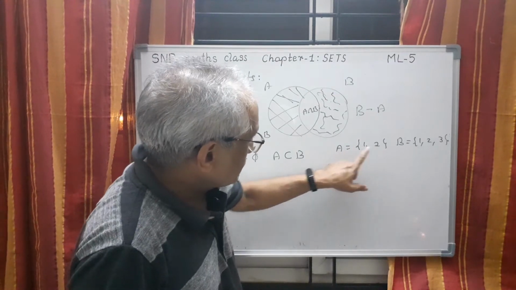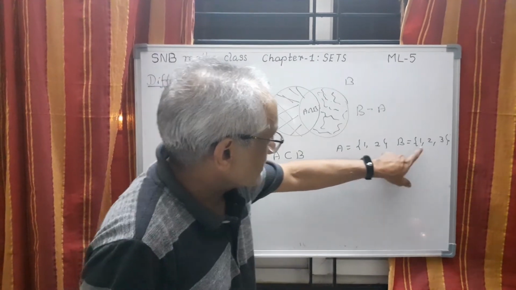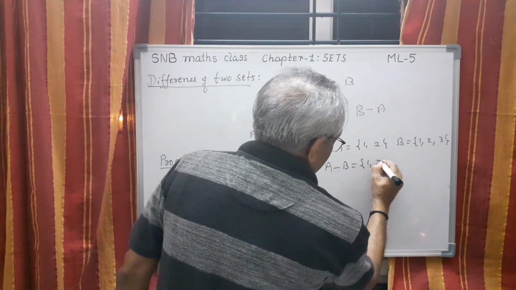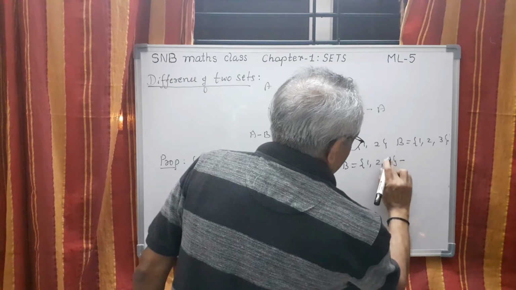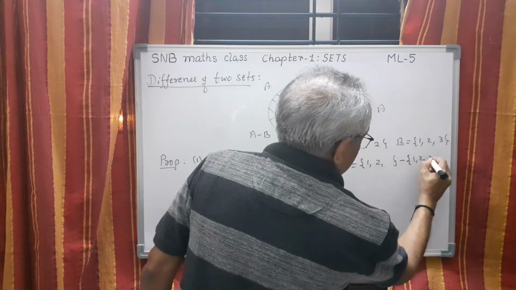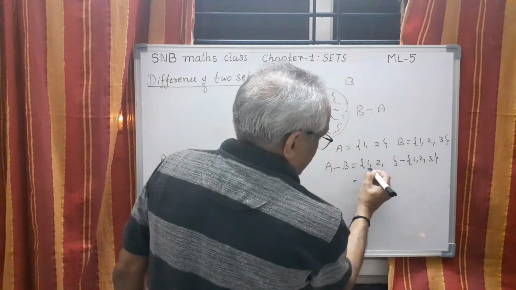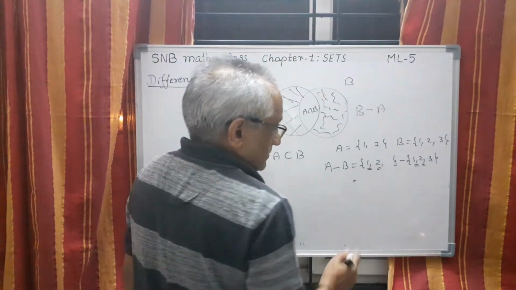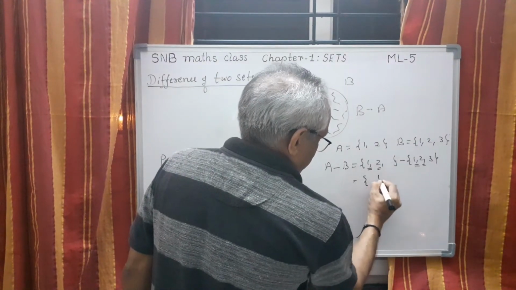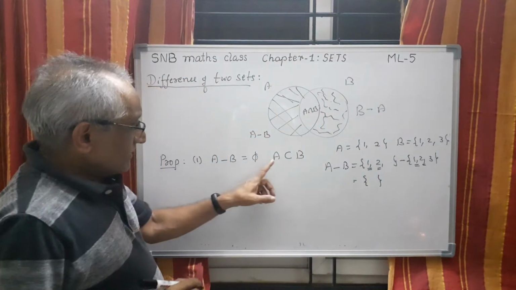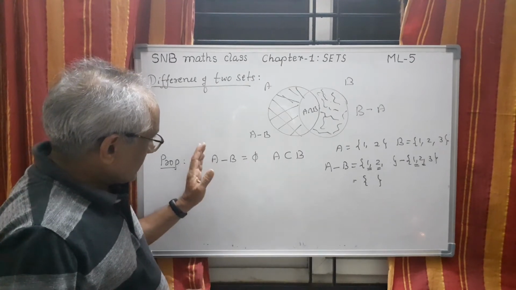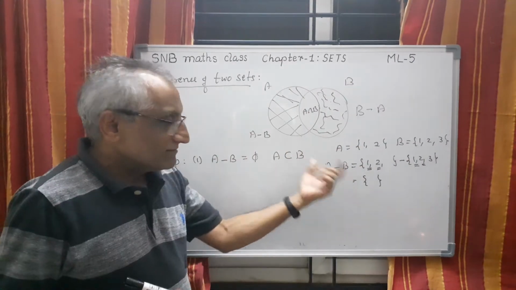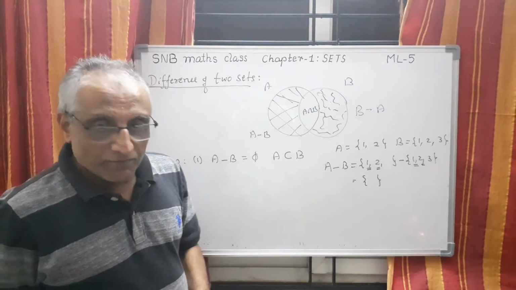Definitely A is a proper subset of B. Now take A difference B: {1, 2} minus {1, 2, 3}. 1 is here, 1 is here, I have to remove. 2 is here, 2 is here, I have to remove. Nothing is left. So whenever A is a proper subset of B, if you take A difference B, all the elements of A are taken, so that set becomes empty. So this is one property.